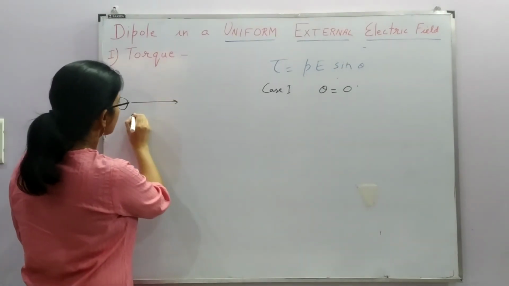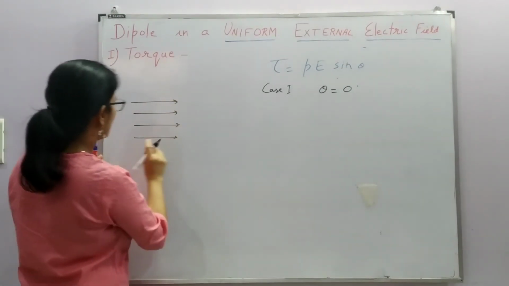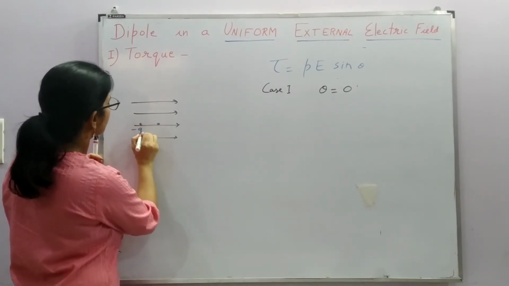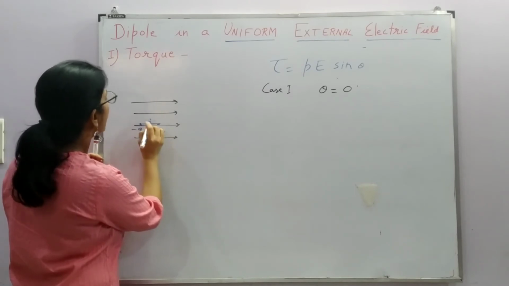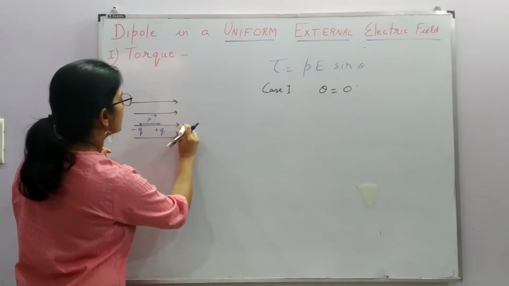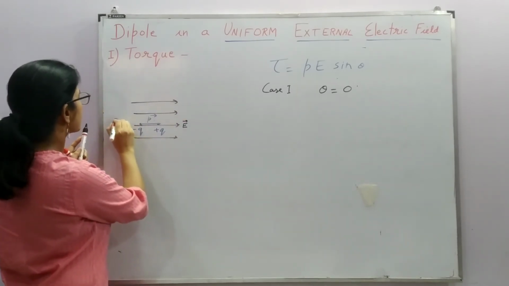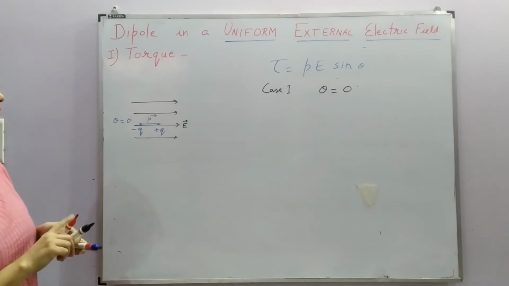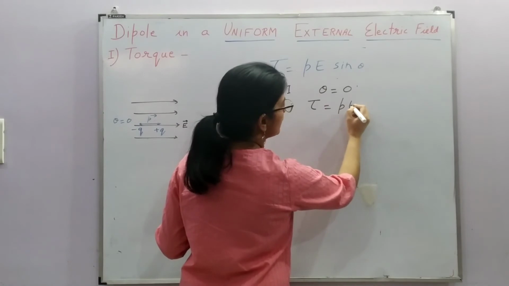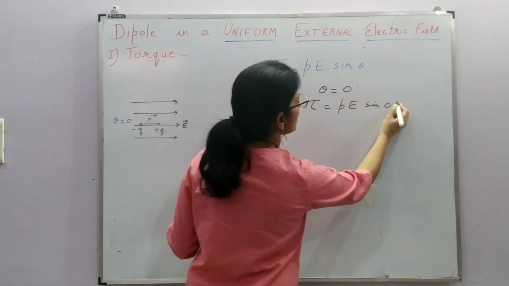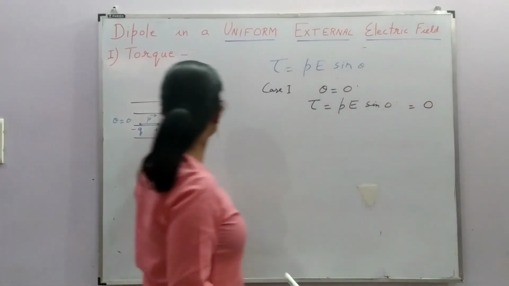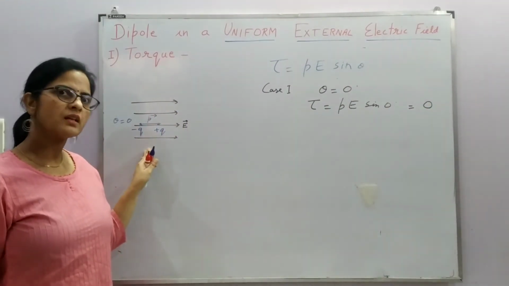So if this is our electric field, then our dipole is kept like this and P vector is along the direction of electric field, and that means theta here is 0. Right? So let's see, is there any torque acting? We know that torque is PE sine of 0 degree. So this makes it 0. So that means in this case there will be no torque on this dipole.